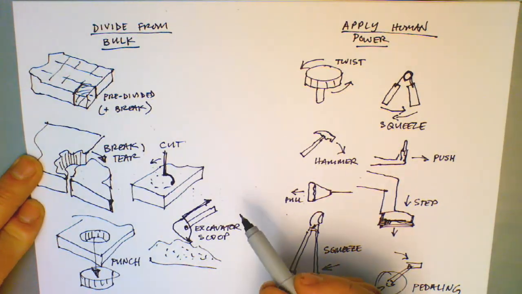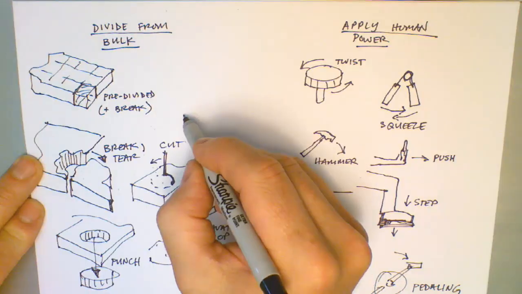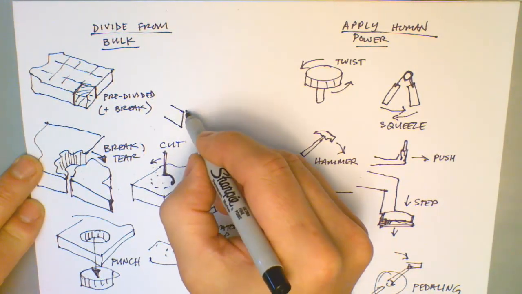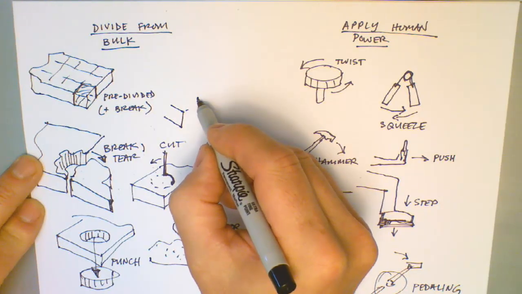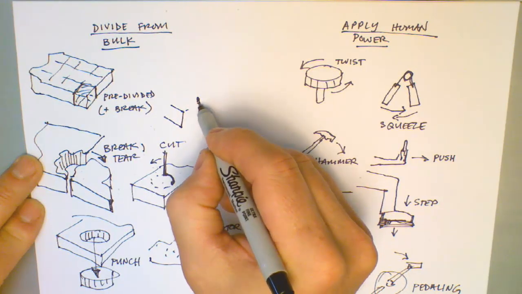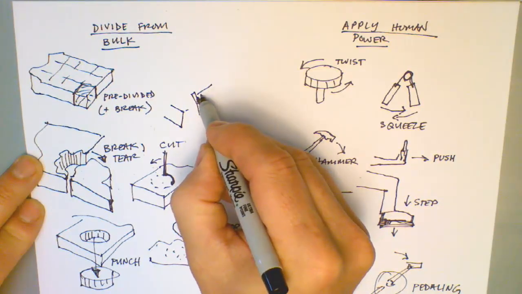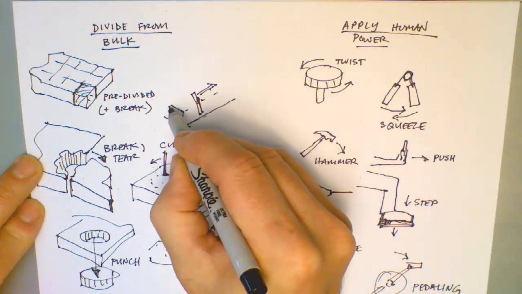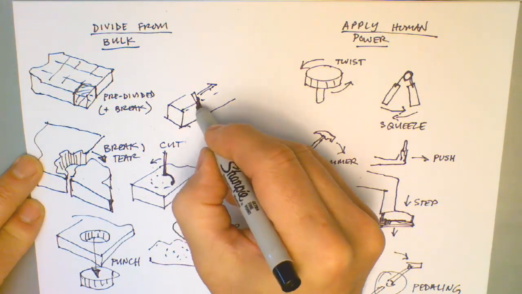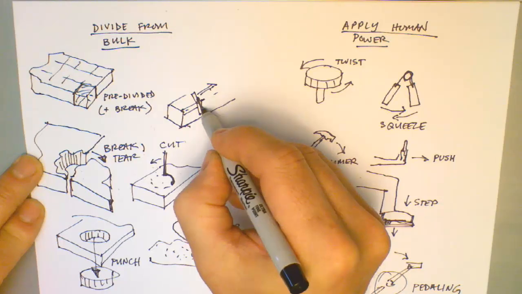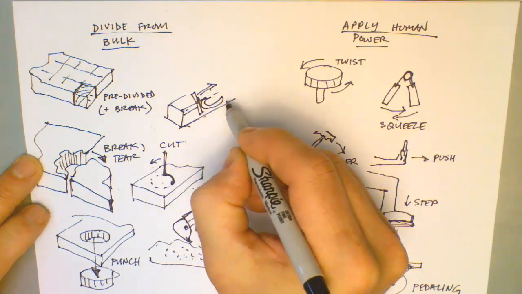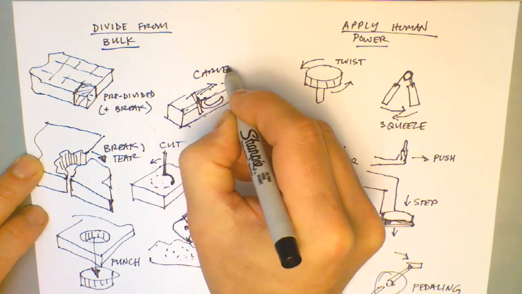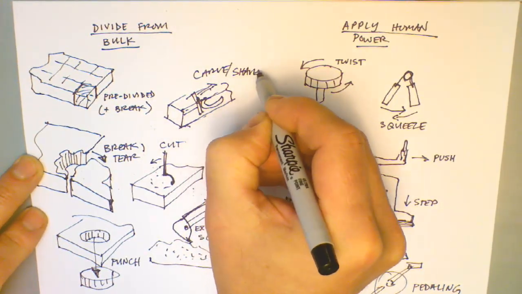And let's see, how about carve or shave? We have some kind of blade that gets pulled along, and that causes a carving or shaving of a curl of something. Carve, shave.